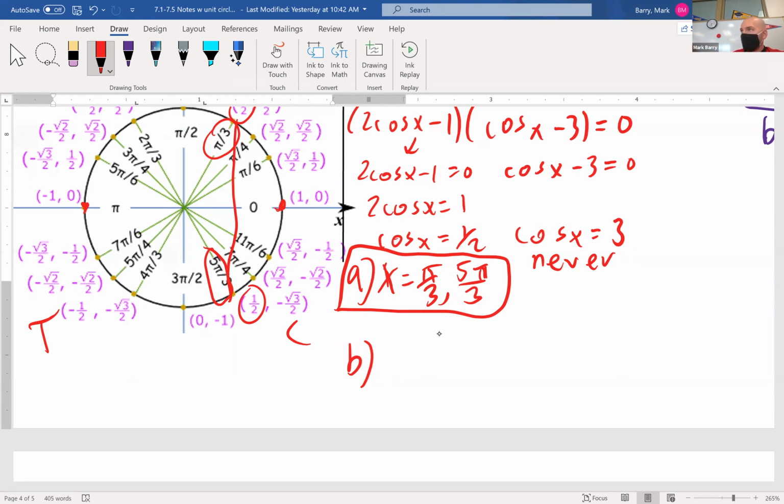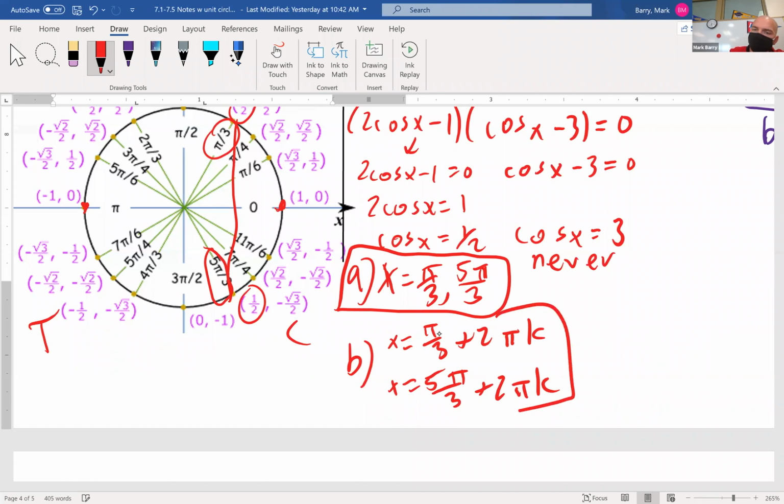Therefore, these are not diameter buddies, right? And if they're not diameter buddies, that means I do not combine them with the formulas. I write them separately, and each one of them plus 2 pi k. So there's my answer for part B. Each one of my solutions from part A, since they're not diameter buddies, plus 2 pi k.